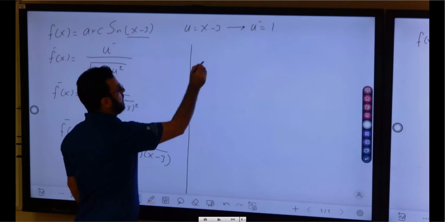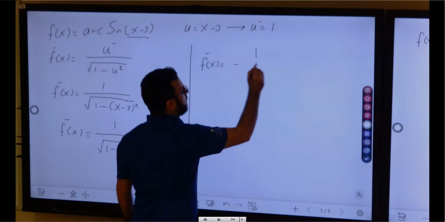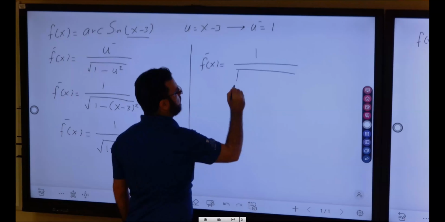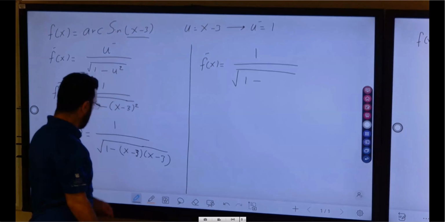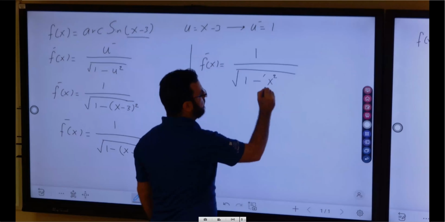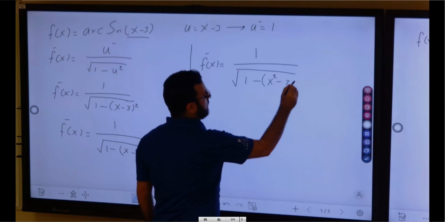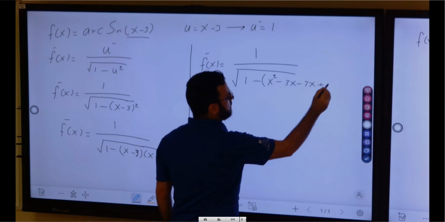So f prime of x is 1 over the square root of 1 minus, x times x is x squared, and be careful, the negative sign gives minus 3x minus 3x plus 9.